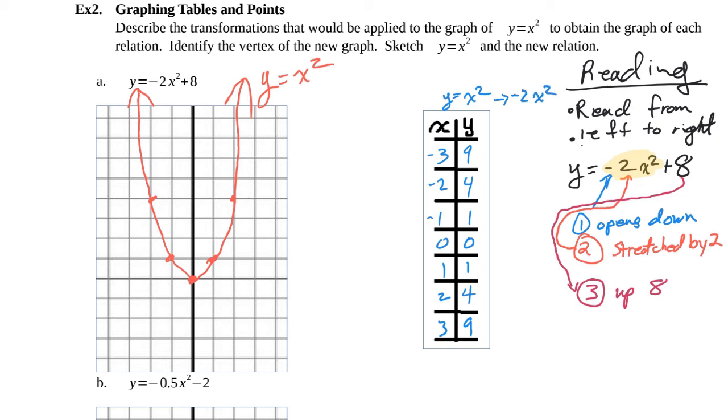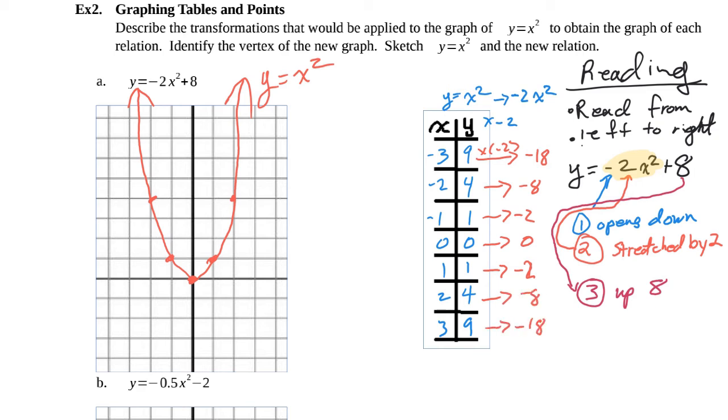All we've got to do is multiply each of these by negative 2. So 9 times negative 2 gives us negative 18, and then negative 8, negative 2, 0, negative 2 again, negative 8, and negative 18.